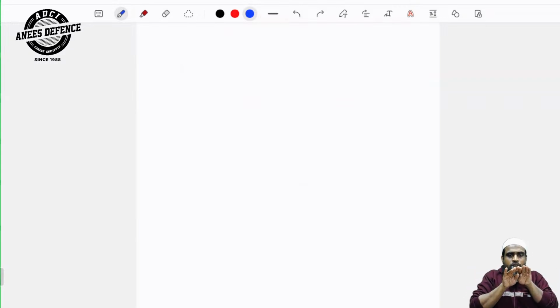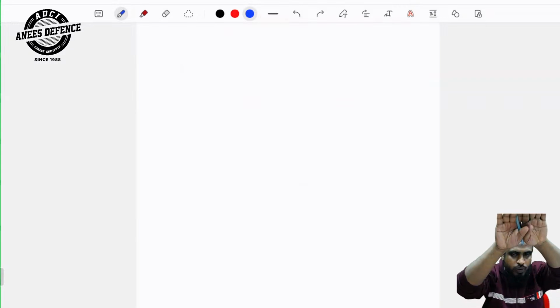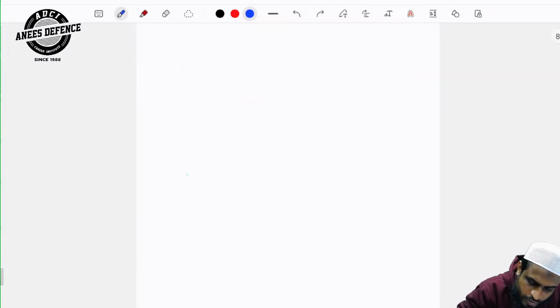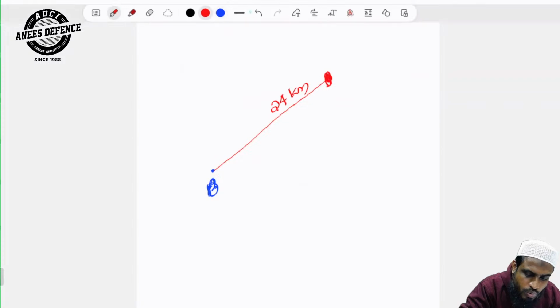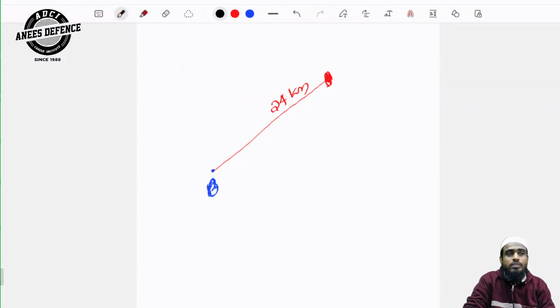So first of all, the boat is going up 24 kilometer. Suppose I am here, the boat is here. Now it goes a distance of 24 kilometer and reaches this point. Now it is coming back 36 kilometers.